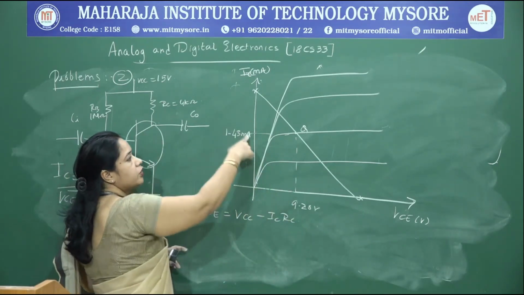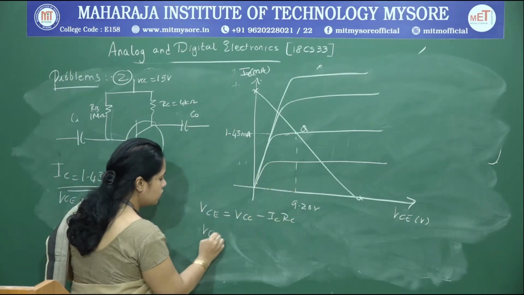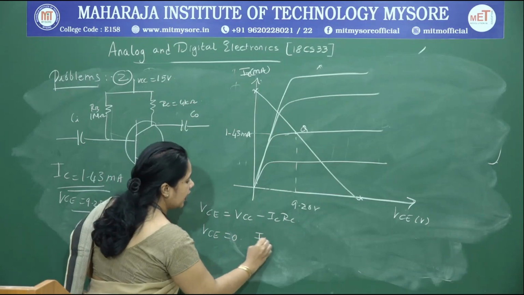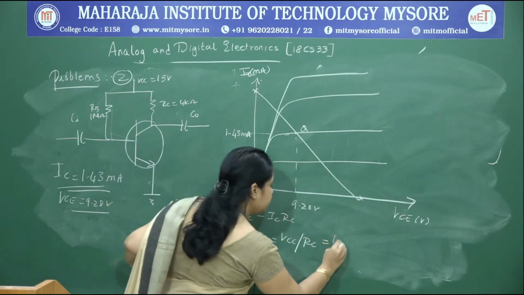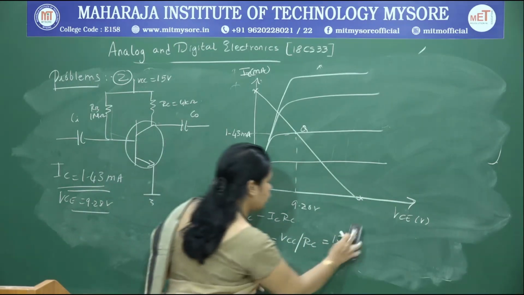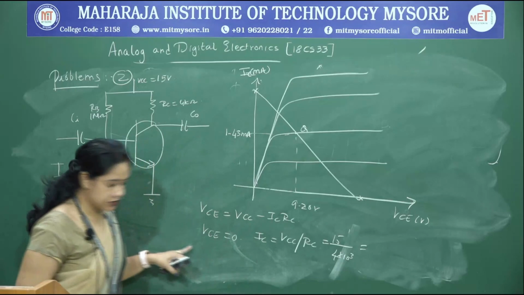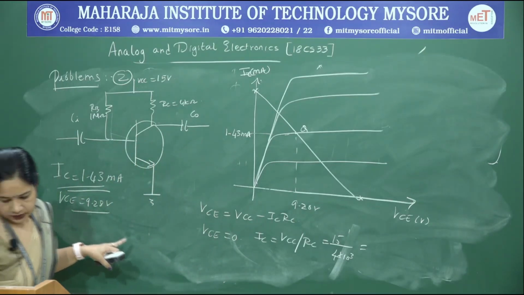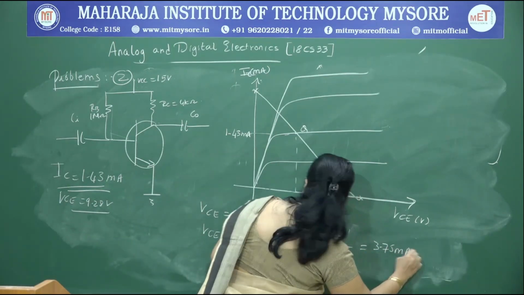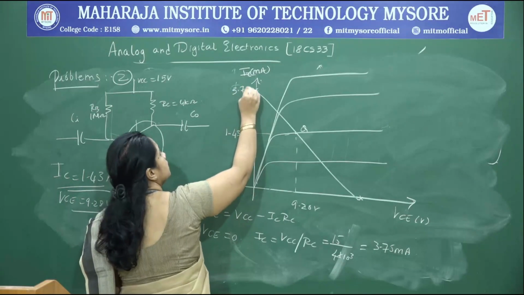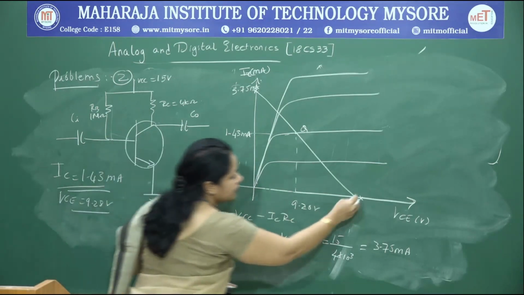To determine the point on the y axis, I make VCE equal to 0, and I get IC equal to VCC by RC. VCC is 15 divided by RC, 4 into 10 power 3, and substituting these values we get 3.75 milliamps.